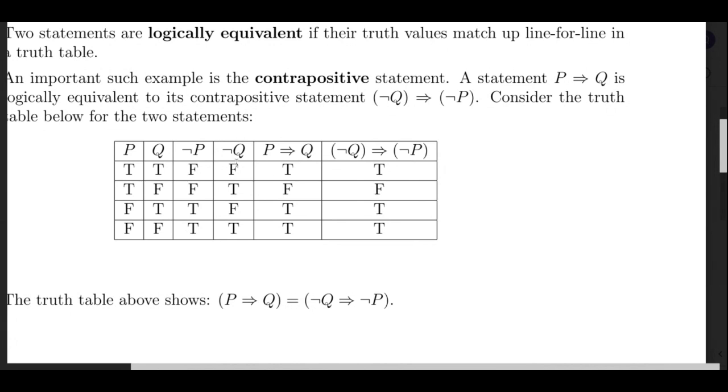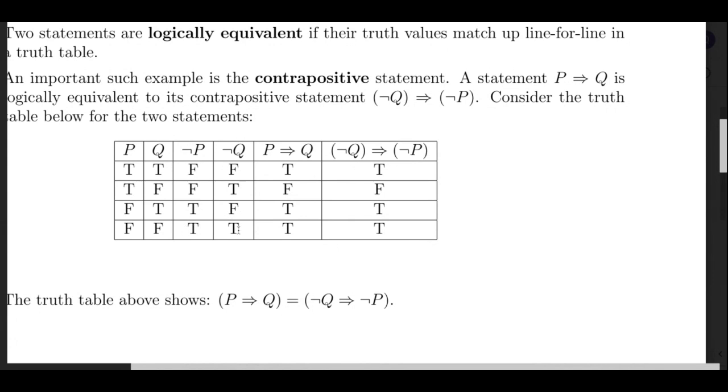Then we see not Q true, but not P false, then it will be false, right? Then if not Q is false, however not P is true, then not Q implies not P stays true.